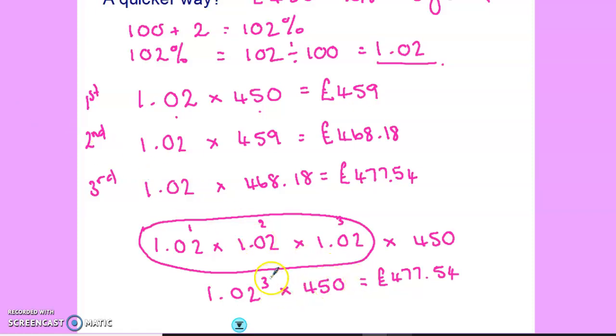This number here, we get to the power, that's the number of years. Okay, so if we had to do this in 4 years, we'd times by 4, so that would be to the power of 4. 5 years would be to the power of 5, and so on, and so on, and so on.